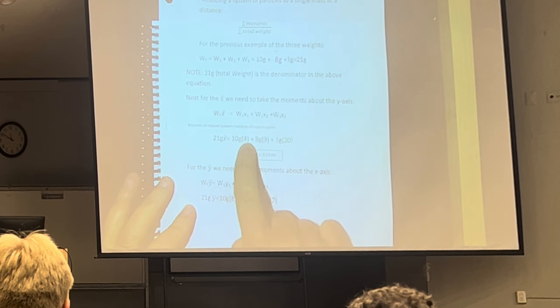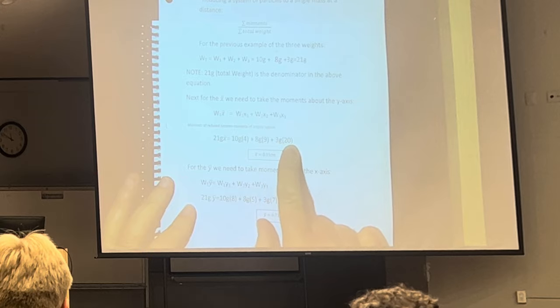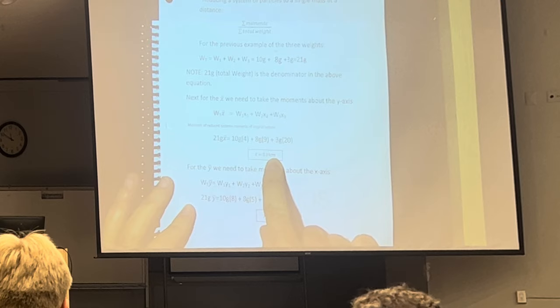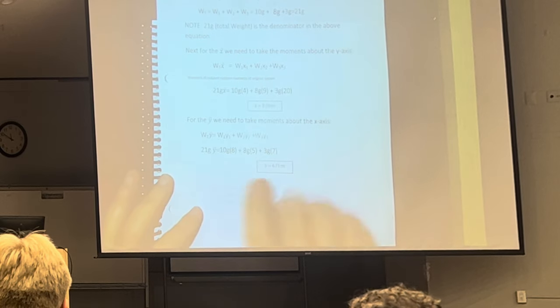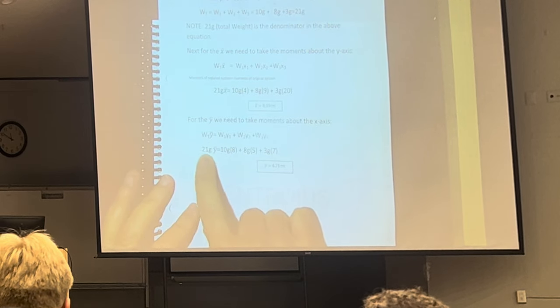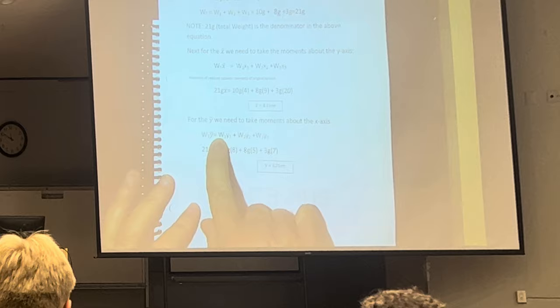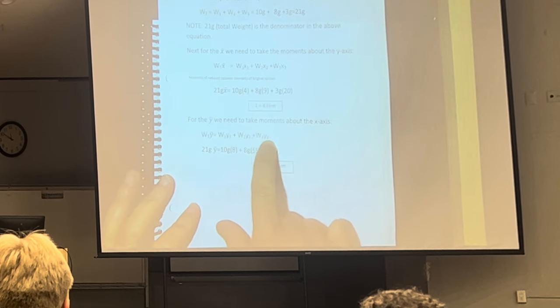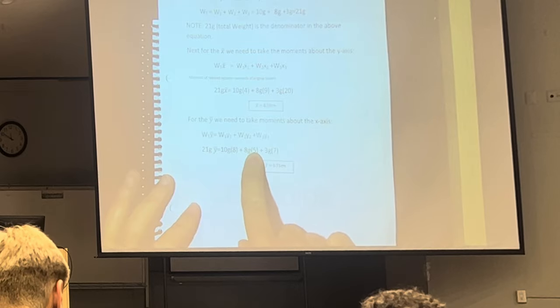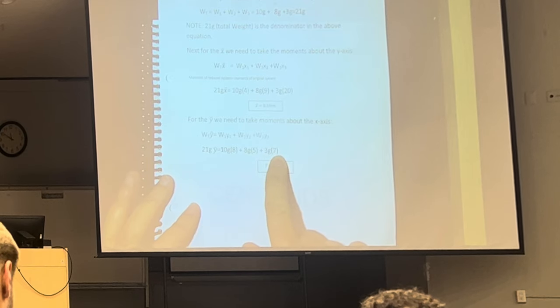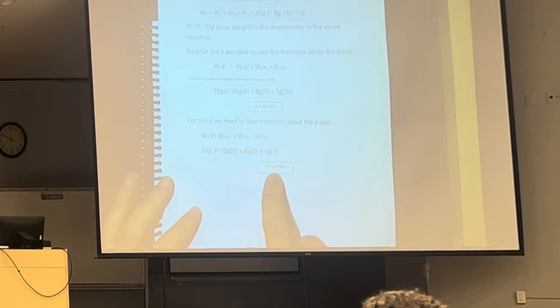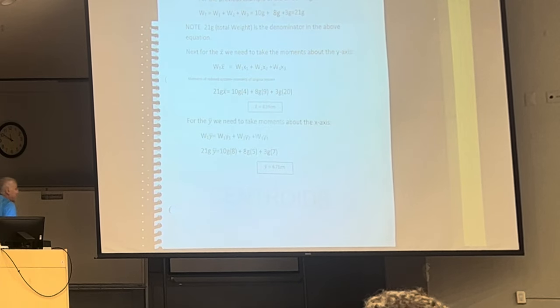That's 10g times 4, 8g times 9, 3g times 20, giving 8.19. I'm not worried about the number specifically. And WT y bar, 21g times y bar, is equal to W1 Y1, W2 Y2, W3 Y3. And that's 10g times 8, 8g times 5, and 3g times 7. Those are the y's, giving me 6.7. That's how you calculate the center of gravity.